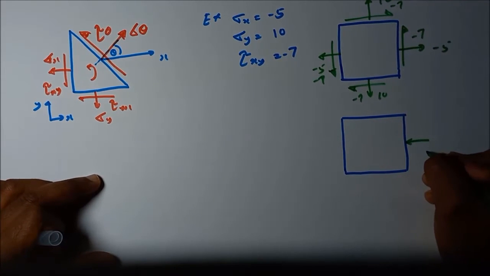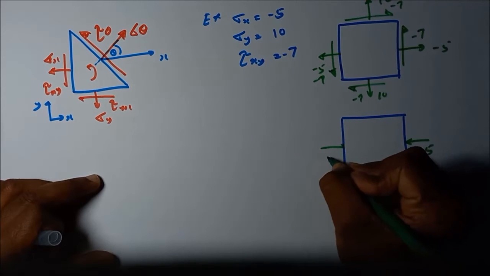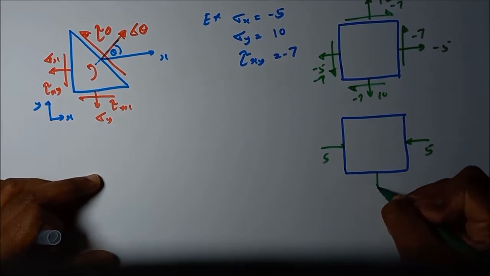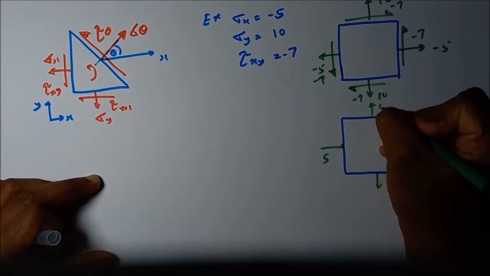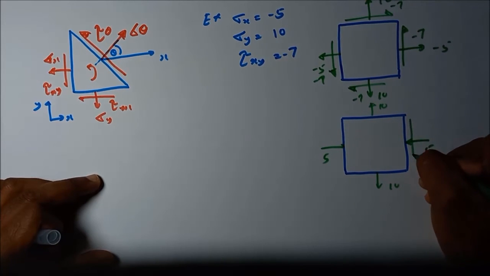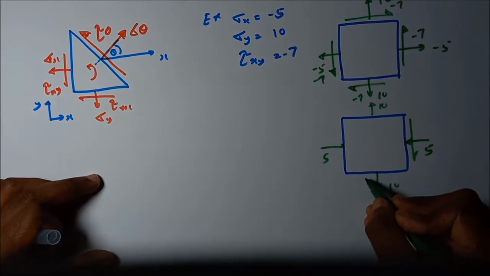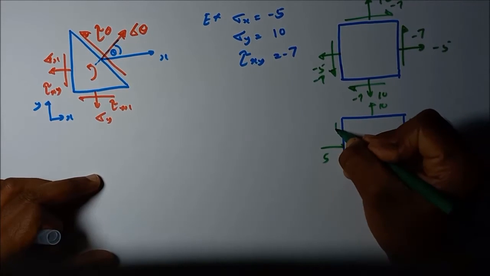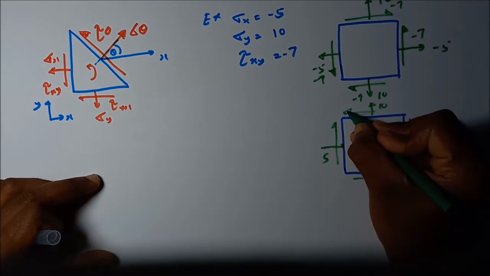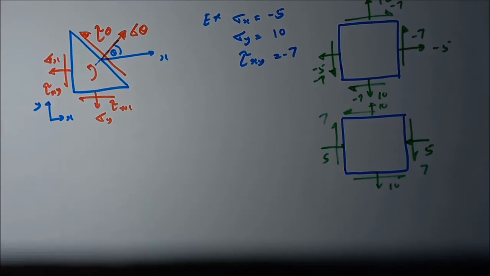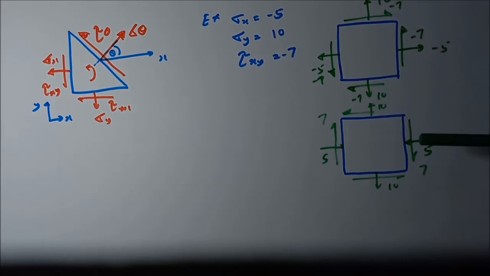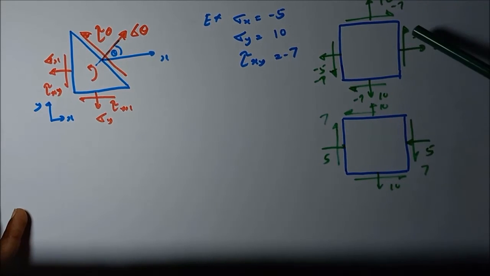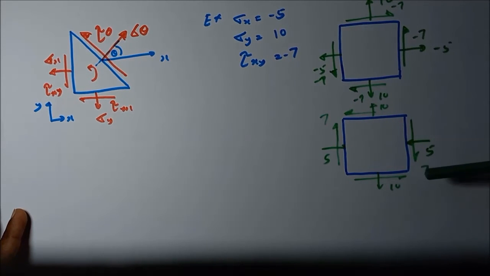This is acting inward 5, this is acting inward 5, outward 10, outward 10, and this is 7. They both are correct. Here we have changed the direction in which the stress is acting, so it becomes positive.